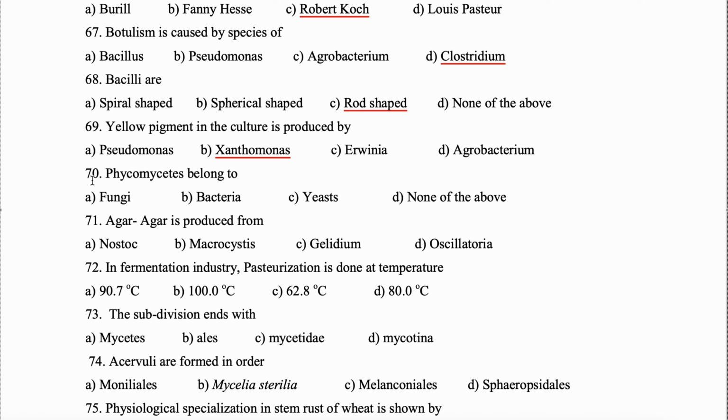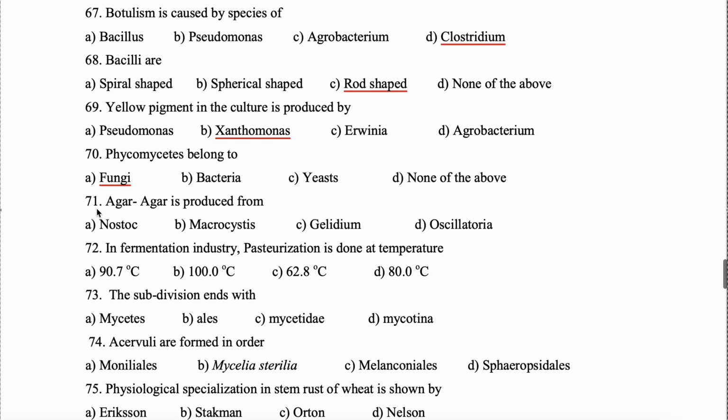Question 70. Phycomycetes belongs to fungi. So previously they were classified as Phycomycetes, but nowadays we see other classifications like Zygomycetes. Question 71. Agar agar is produced from Gelidium.